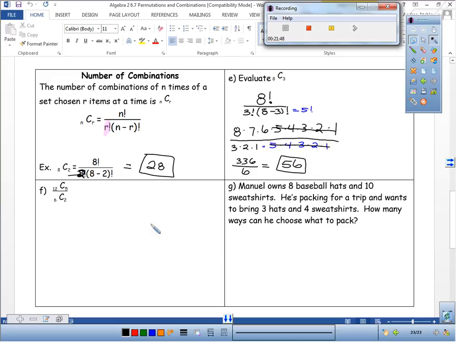Any questions over that? So that's how you do it if you didn't have a fancy calculator. Any questions?